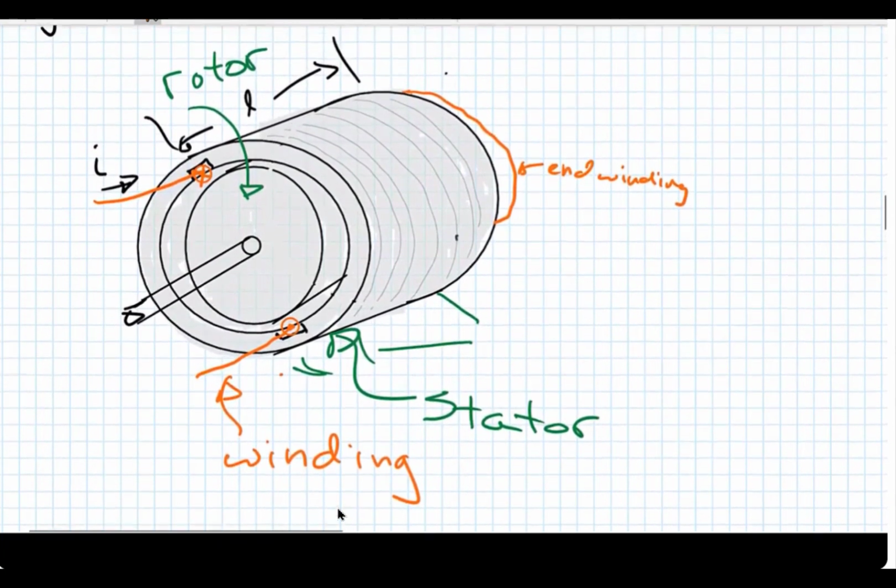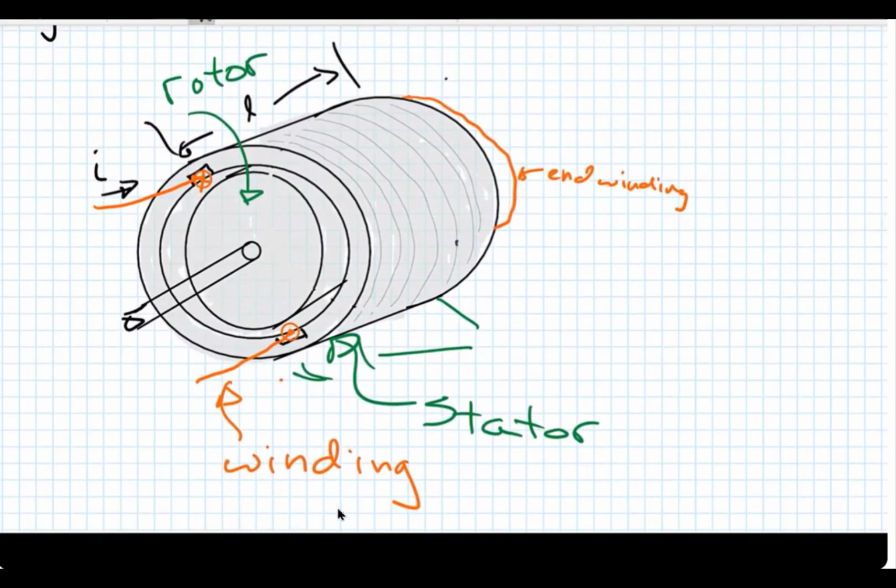As a result of this, you will have a flux that's produced. If you just apply the right-hand rule and assume that your hand is going in where the X is, the flux is in the middle. So there's a flux being produced as a result of this winding in this direction.